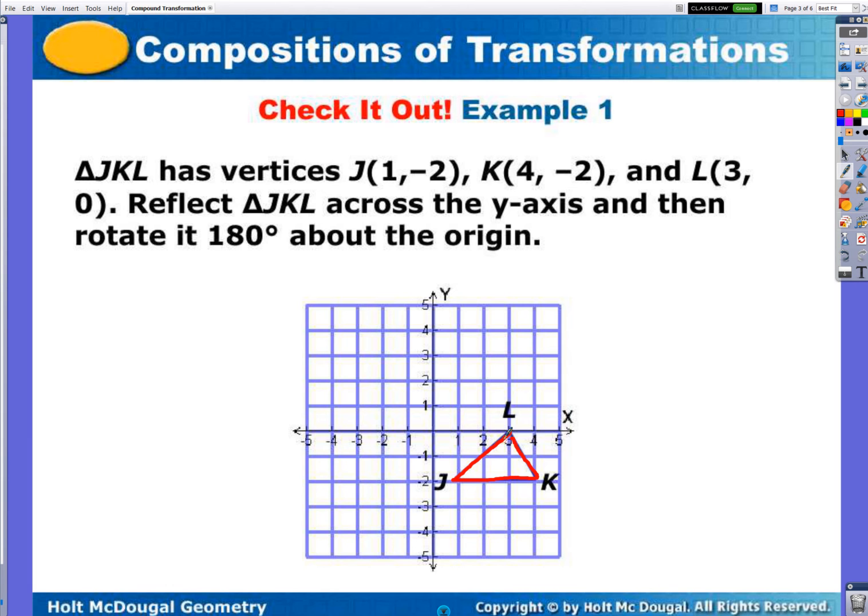So there we just change the sign of the x. Let's just do J prime. We start off at -1, -2, and then finally, you know what they did? They did the double prime. Once you do the 180-degree rotation, 1, 2.